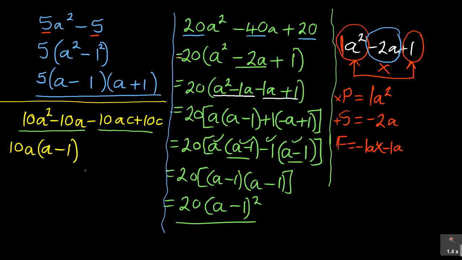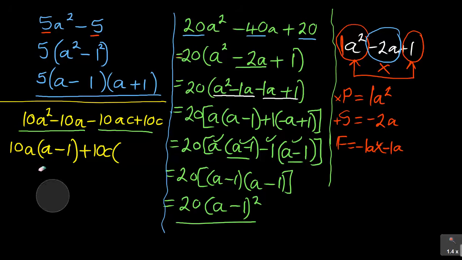Now, if I factorize properly, I must get a similar bracket in the next one. So it means I need to be very careful what I'm going to factor out. Now, when I'm factoring out, you can see also 10 is common. So I'm going to take the positive sign always in the beginning so that you avoid confusing yourself. So 10 is common and c is also common now. You see 10ac and 10c. Now, when I'm dividing minus 10ac over 10c, the c cancels, the 10 cancels, I'm left with negative a.